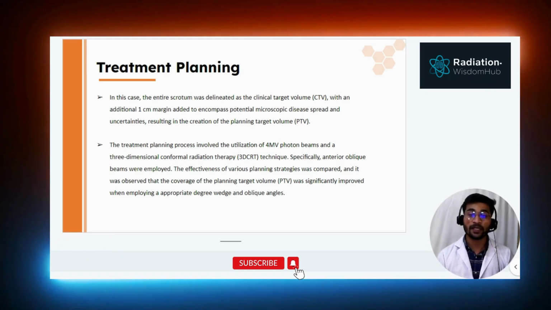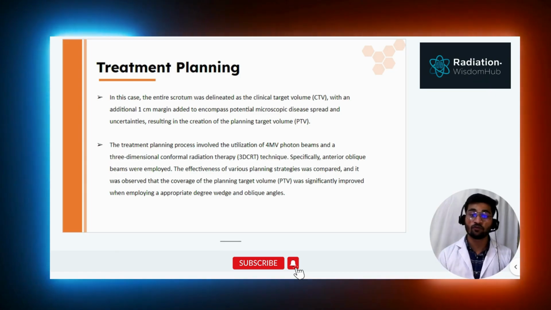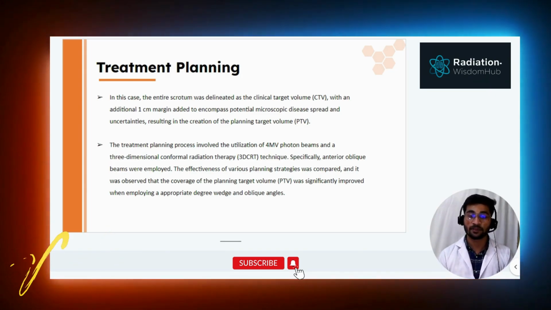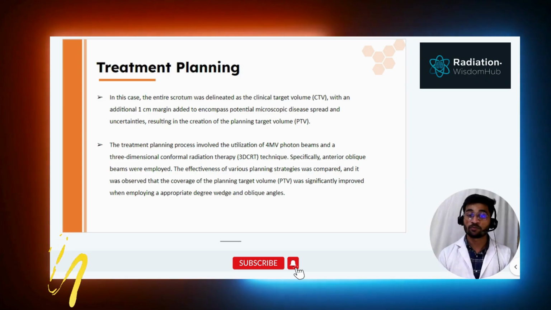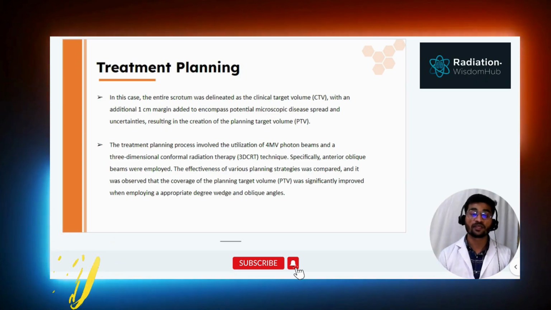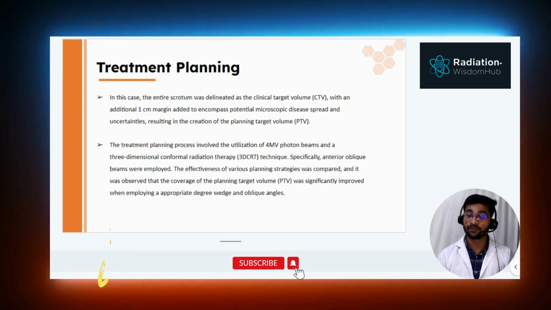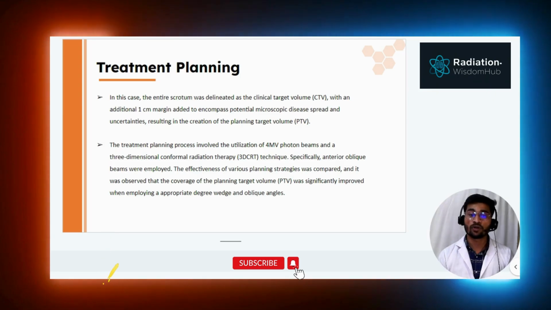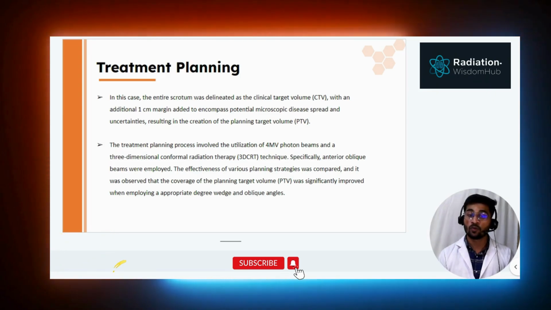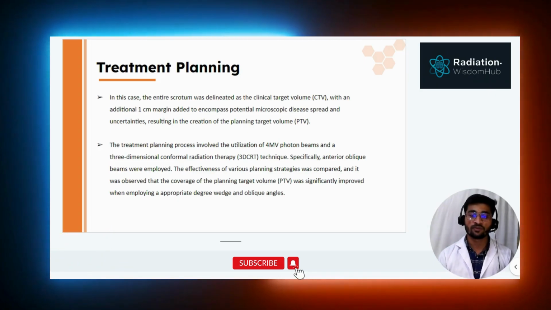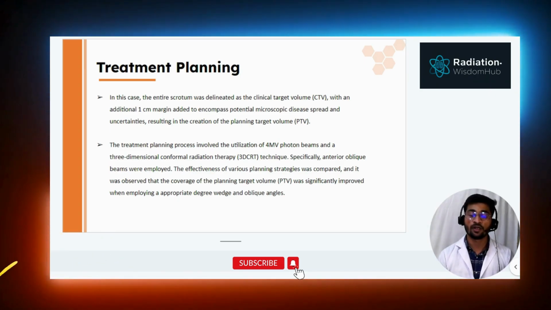The treatment planning process utilized 4 MV photon beams and a three-dimensional conformal radiation therapy, 3DCRT, technique. Specifically, anterior oblique beams were employed. Various planning strategies were compared, and it was observed that the coverage of the planning target volume was significantly improved when employing appropriate dose wedges and oblique angles.